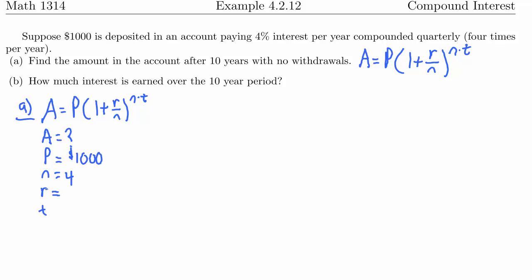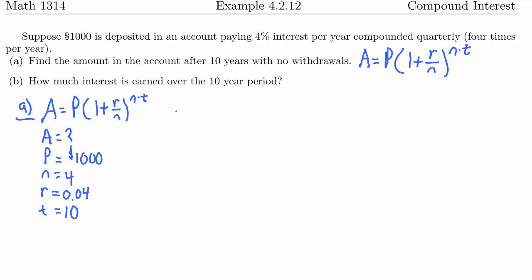R is the interest rate, 4% as a decimal, move the decimal to the left two, means 0.04. T, lowercase t, means time. Time in this case is in years, or 10 years.